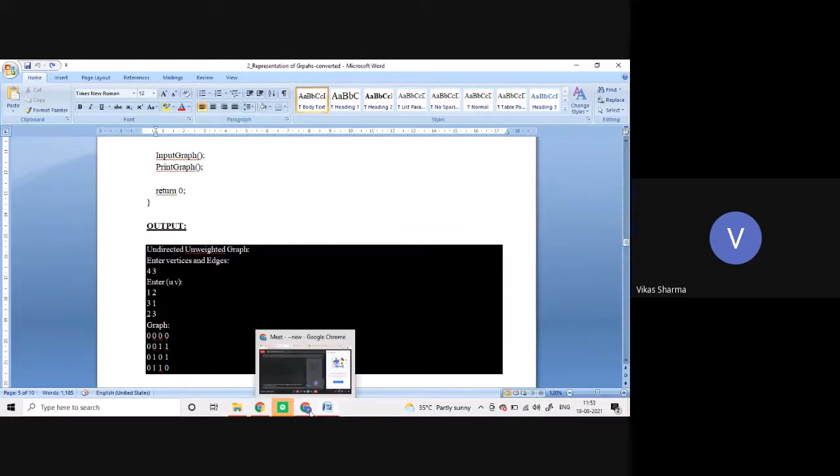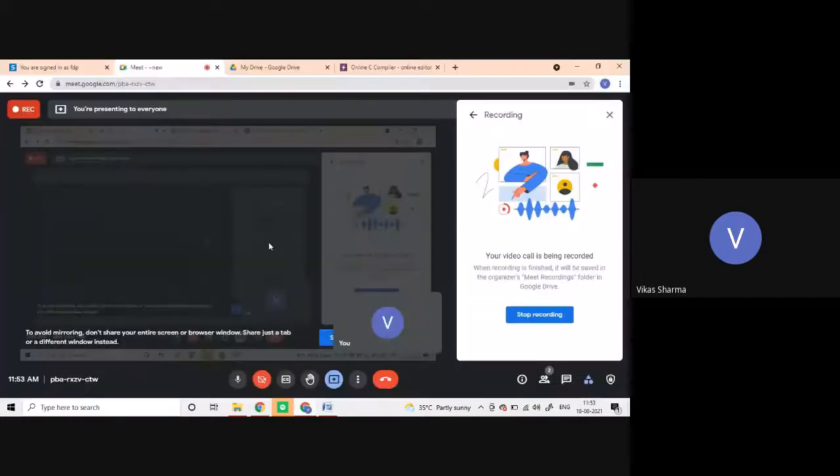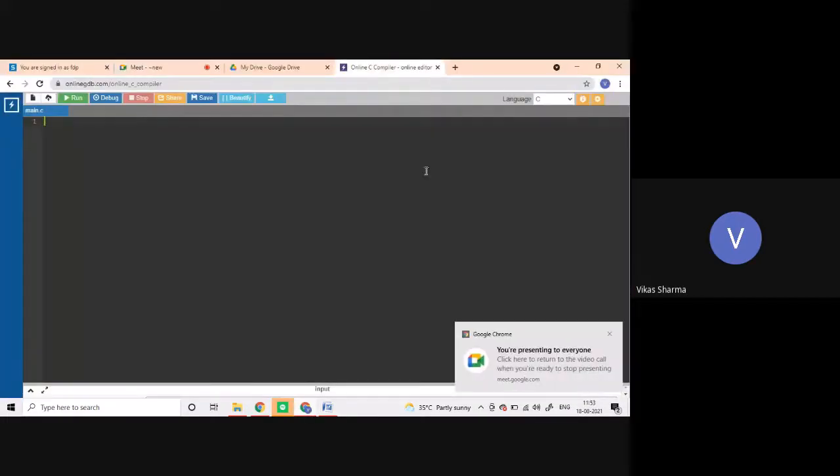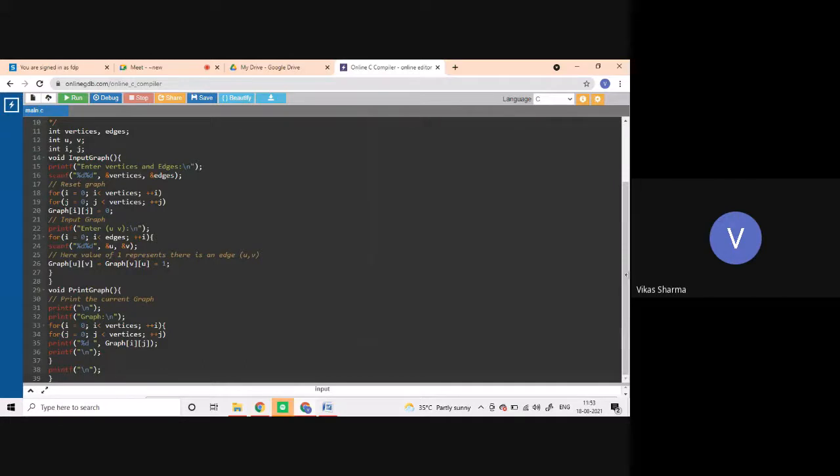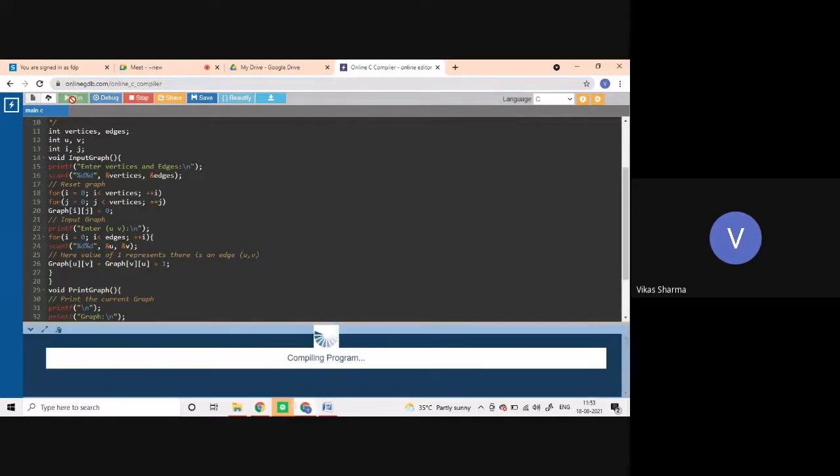Now we are moving to the coding part. So we are taking an online C program compiler. This is our program that we have discussed earlier. Now it's time to compile the program.